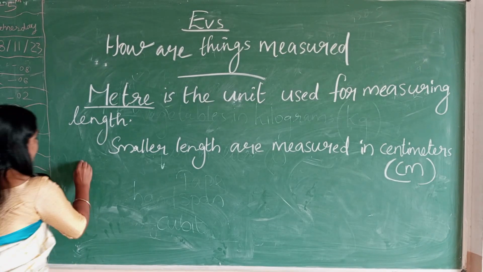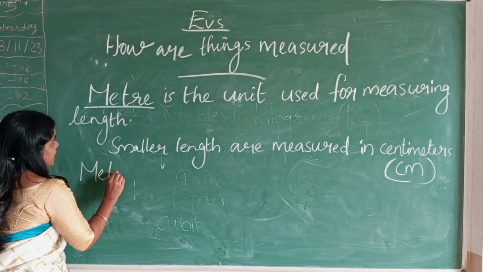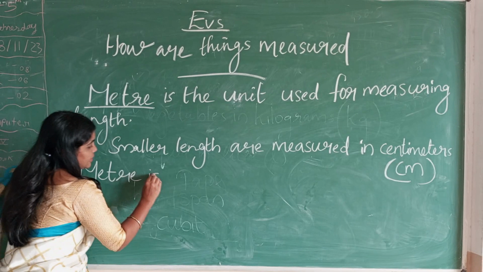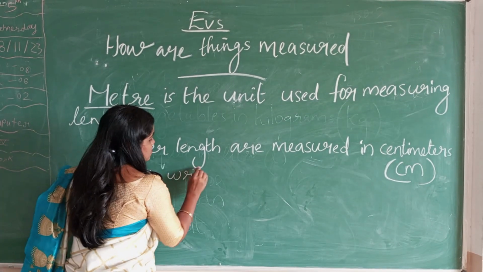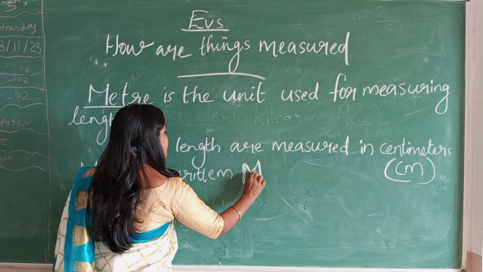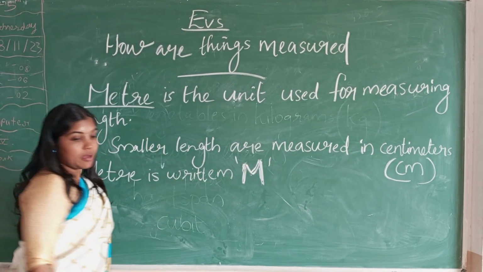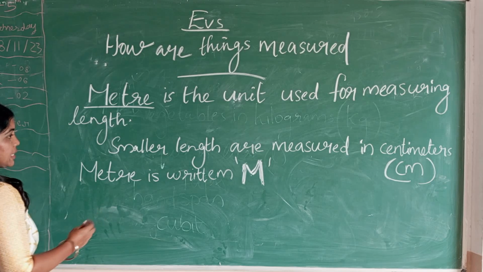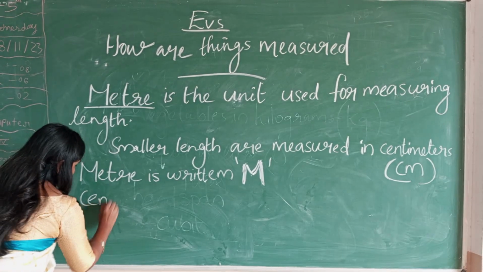And meter is written as m. Very good. Meter is written as m. And centimeter is written as cm.